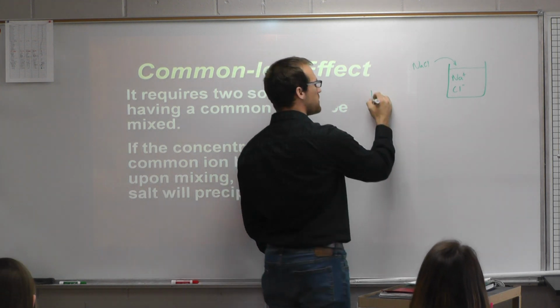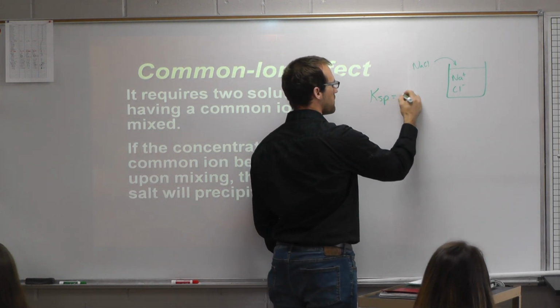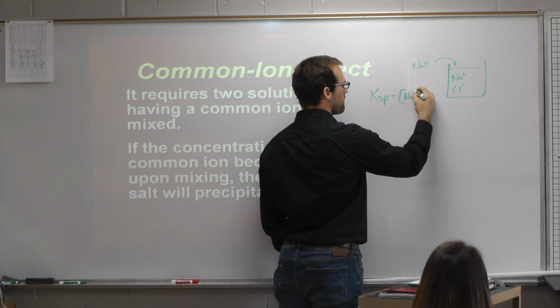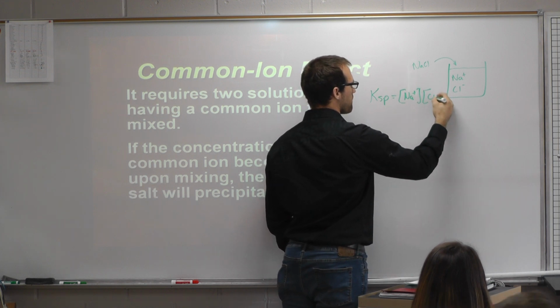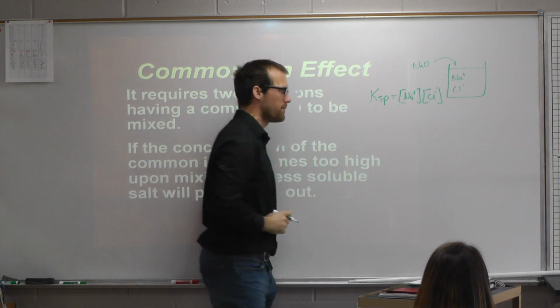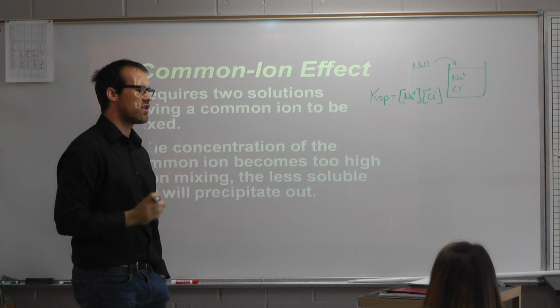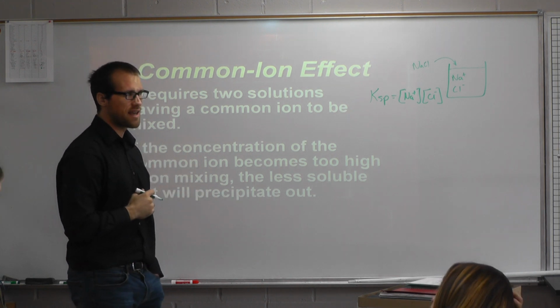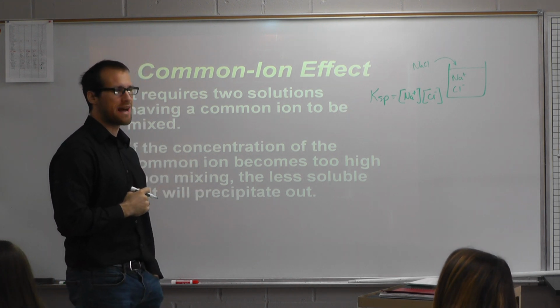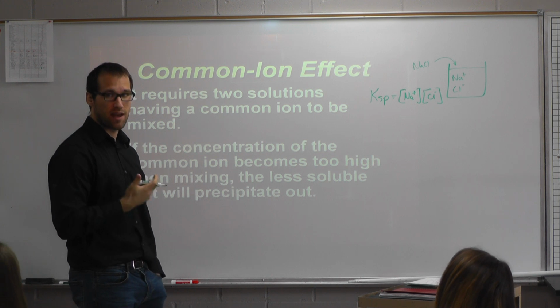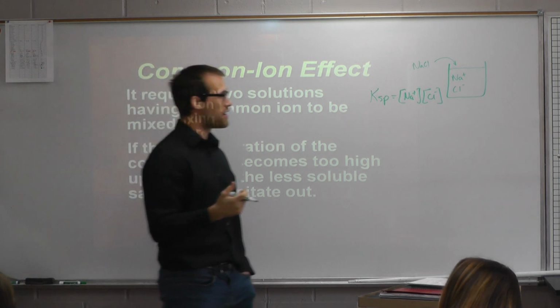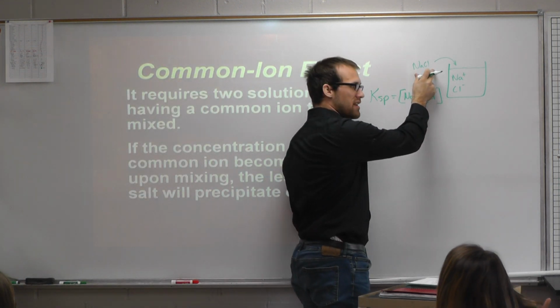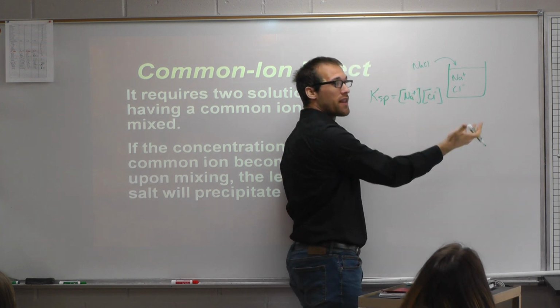I can write the Ksp expression for this. I then could take another salt and insert it into that same solution with a common ion. When I say common ion, I'm saying there is an ion in NaCl that's the same kind of ion in one that I'm going to introduce.